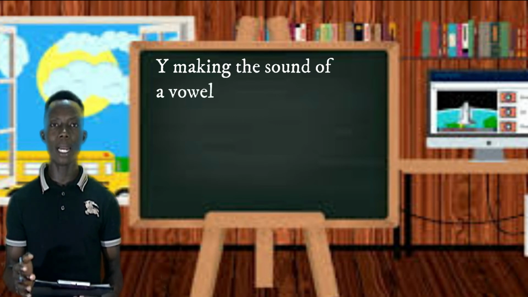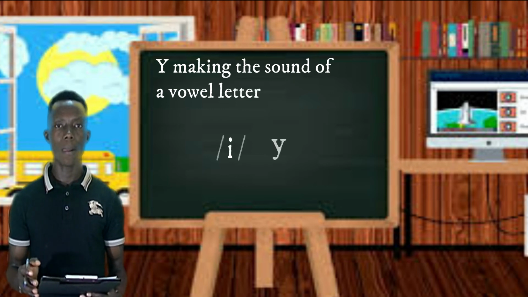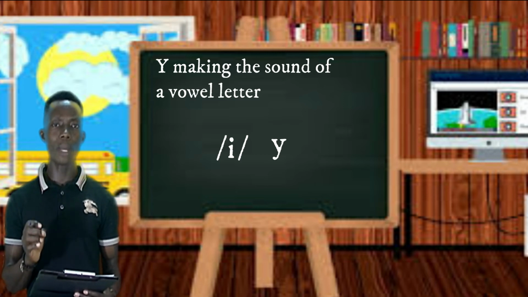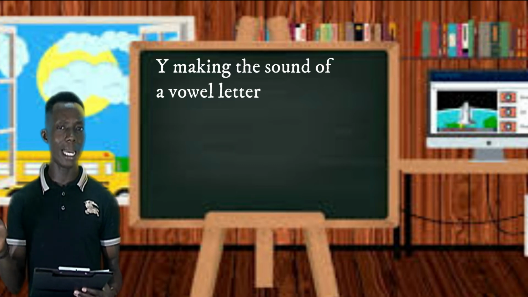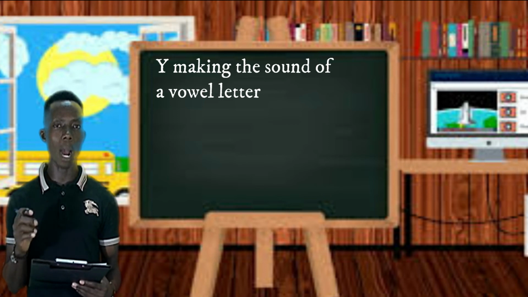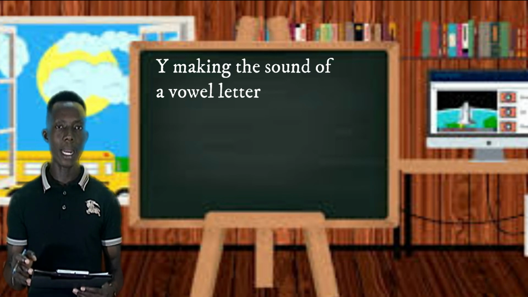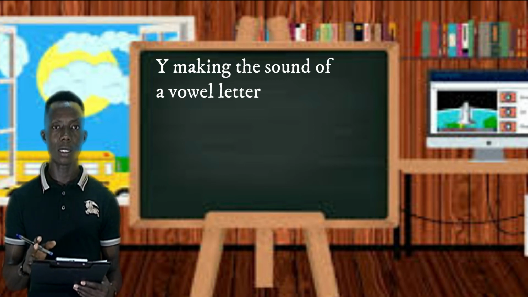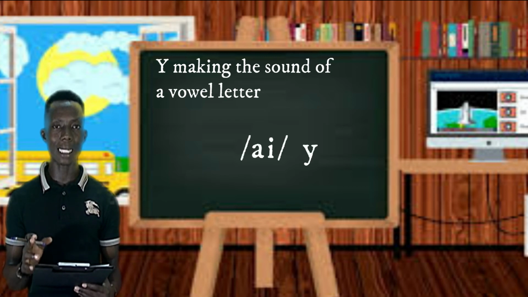We have a vowel letter A. When you make the sound of Y, you can hear that we have the A sound at the end, at the extreme end. When you say Y, you can hear clearly that we have the A sound at the end. And then you have a combination of vowel letters, A and I. You can pronounce this as I.